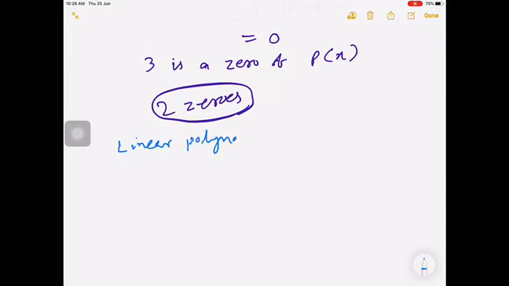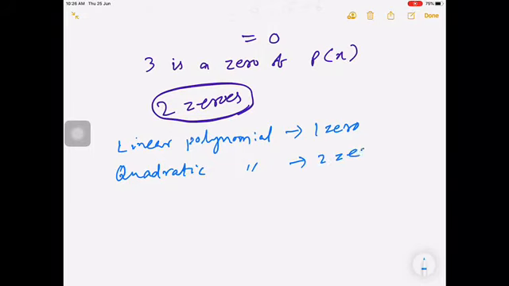If you have a quadratic polynomial, then you have 2 zeros. Similarly, if you have a cubic polynomial, you have 3 zeros and like that. So the number of zeros of the polynomial depends upon the degree of the polynomial.